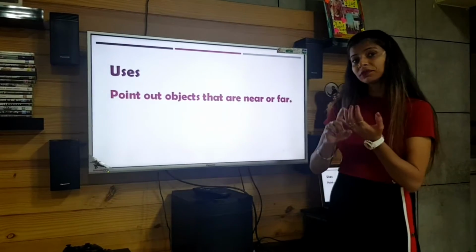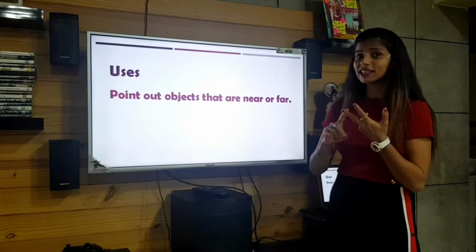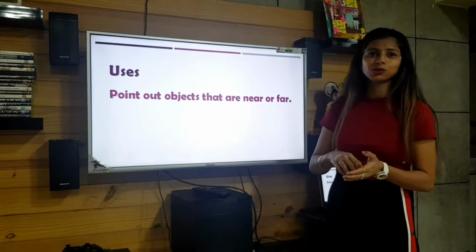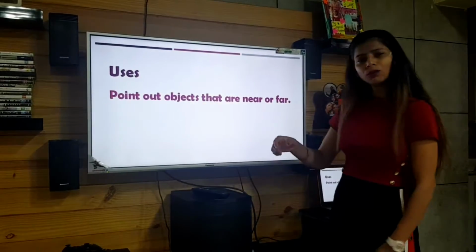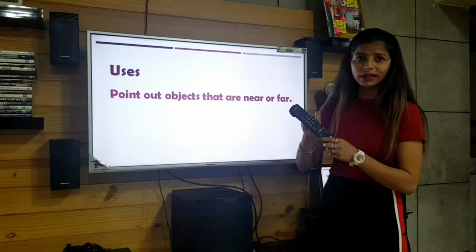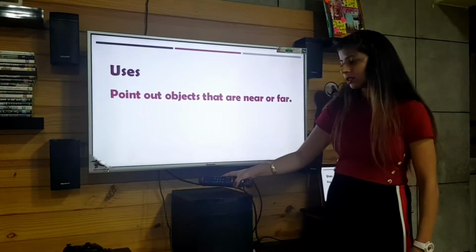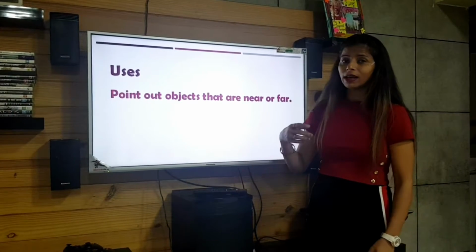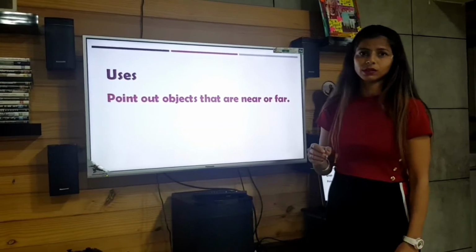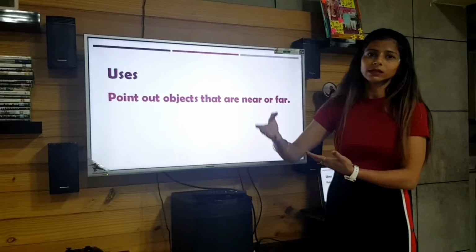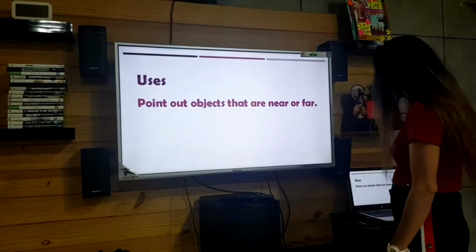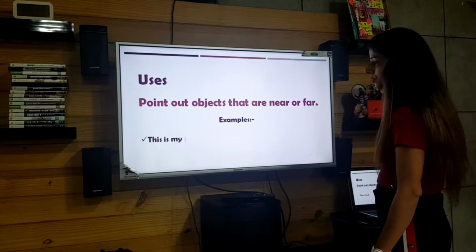You know that this, that, these, those are used to indicate things that are near and far. For example, if I say this is a remote, I am indicating a noun, right? If I say that is a beautiful picture, the thing is far from me. This is the way we use these demonstratives.